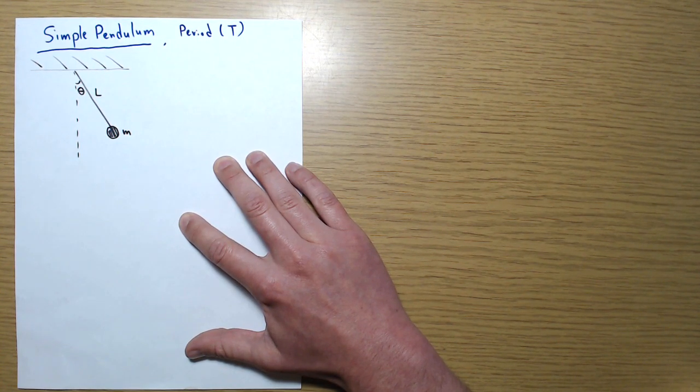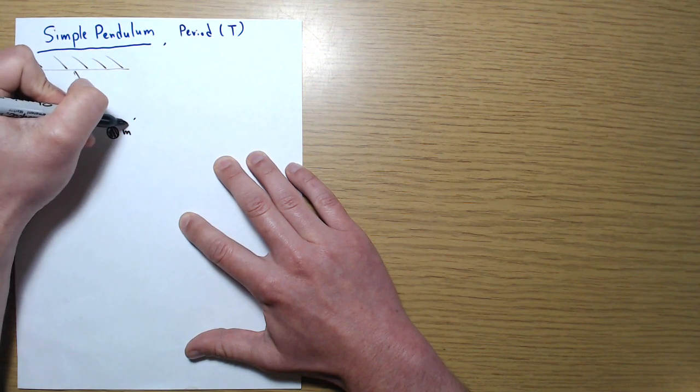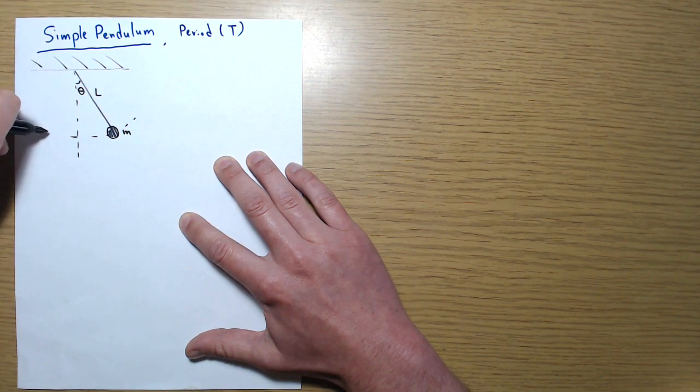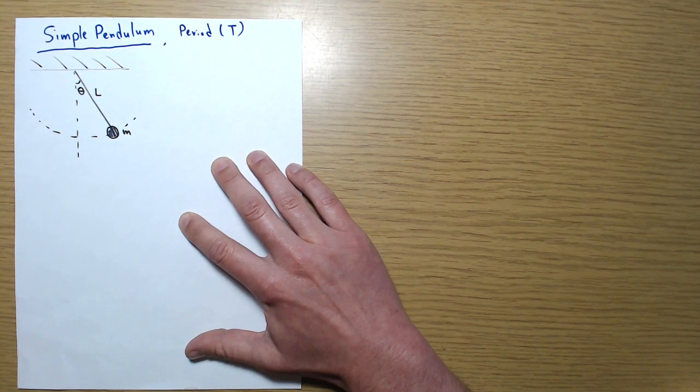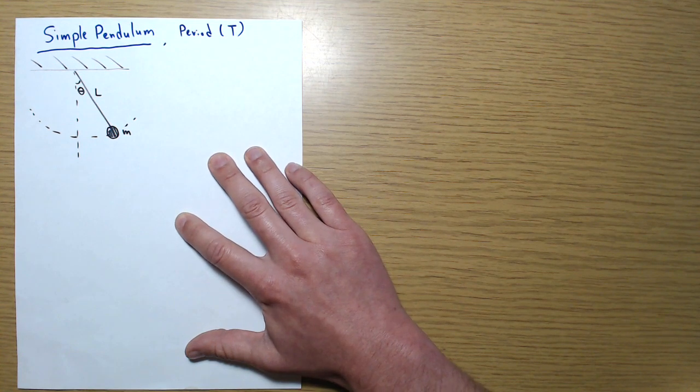Now, what makes this system oscillatory? Well, if I release that pendulum bob, it's going to follow this arc. In order to discuss the motion more meaningfully, we can do an analysis of the forces acting on the pendulum.